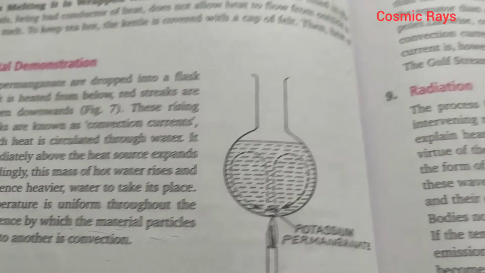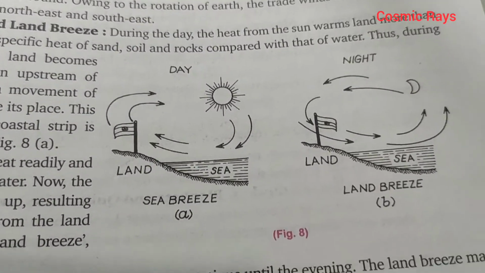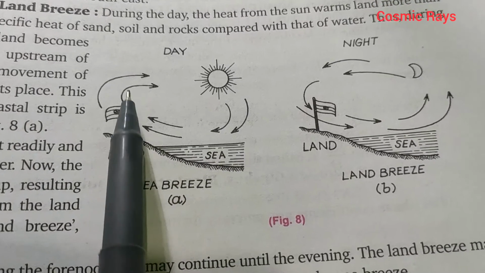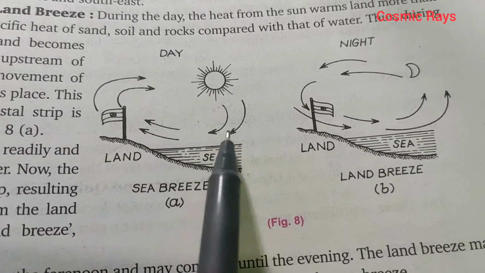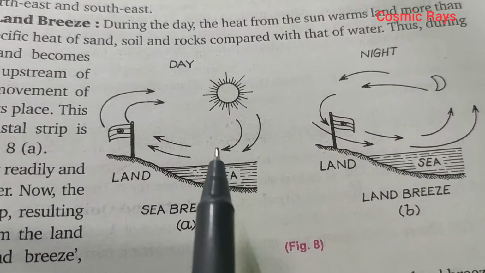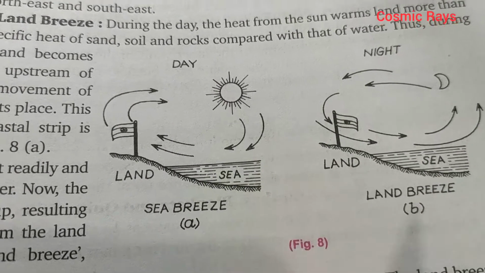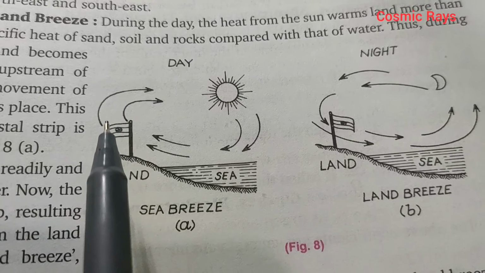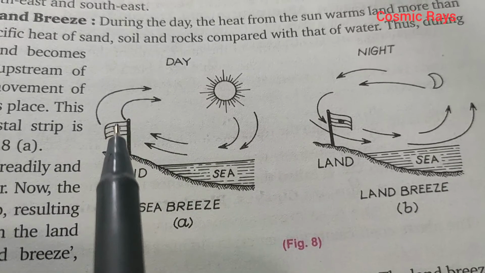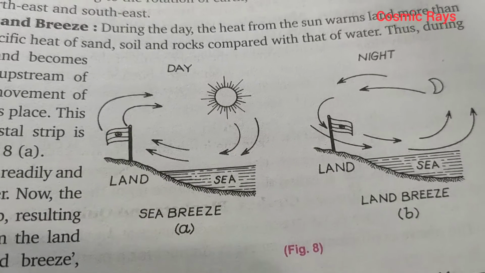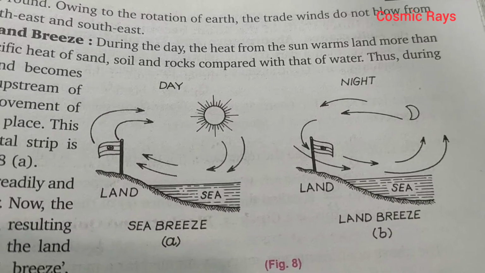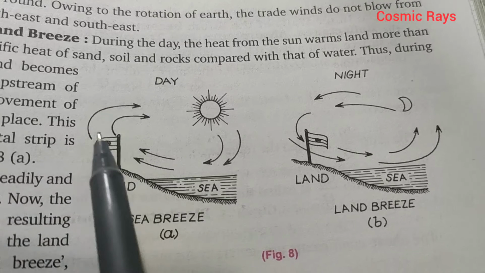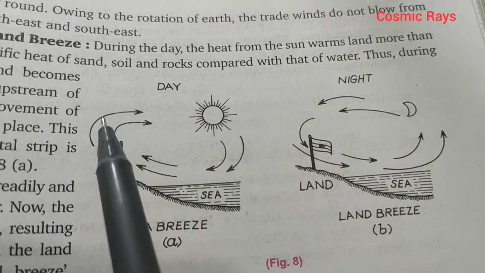To understand sea breeze, look at this figure. What is happening is, we have air present over the land and over the sea. During the day, when we have bright sunlight, the air over the land gets heated up faster because we have low specific heat of the sand. So here the wind or the air above the land gets heated up faster.